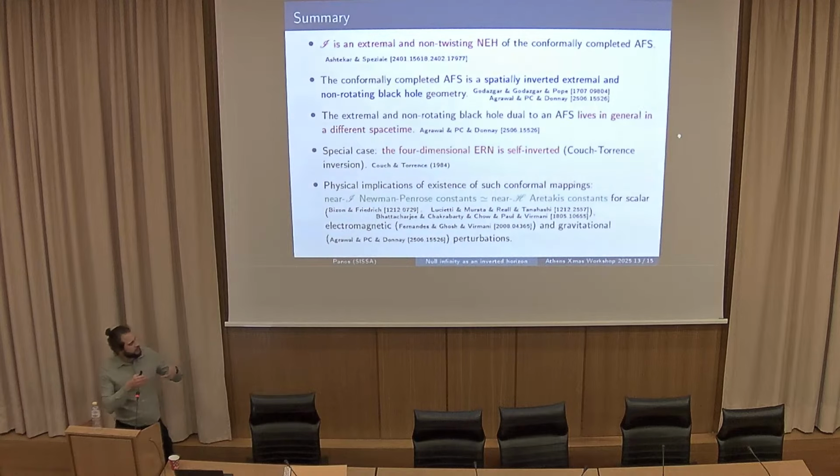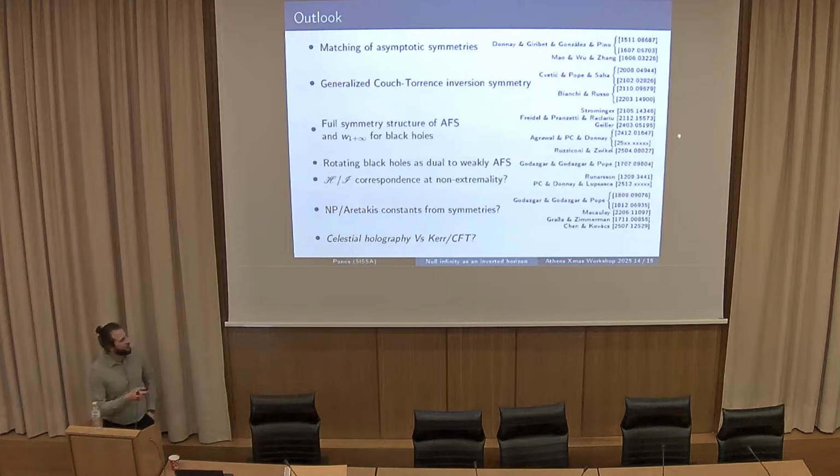This self-inverted property, provided with some matching conditions at the level of the data, had as a direct consequence the identification between the near null infinity Penrose constants and the near horizon Aretakis constants. In the last slides, I also showed possible extensions suggesting that this correspondence is more generic. It doesn't just apply to extremal and non-twisting horizons; in fact, we expect it to apply also to non-extremal and twisting horizons.